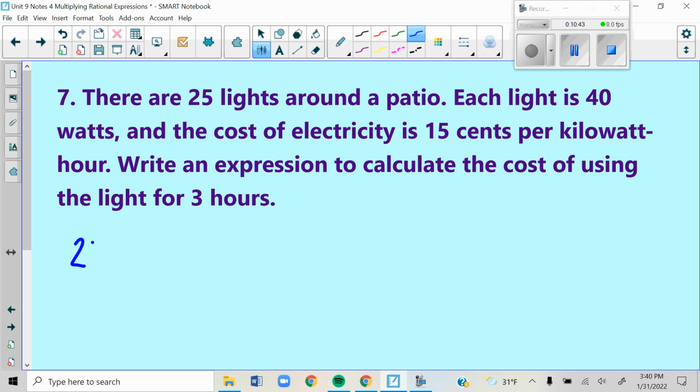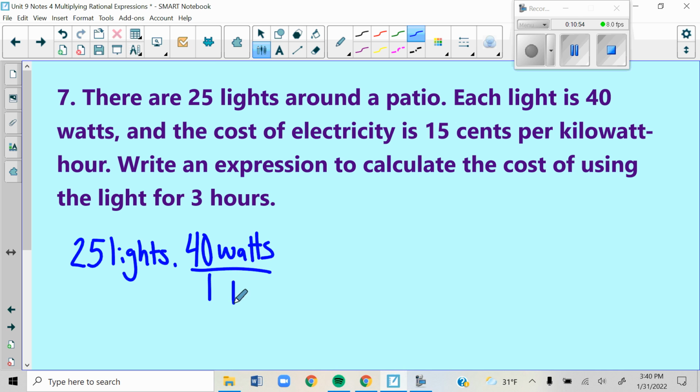So we have 25 lights, and each light is 40 watts. So we're going to say 40 watts per one light. Now, we want to see that we are going to be canceling out some labels here. Our goal was to have one in the numerator and one in the denominator.